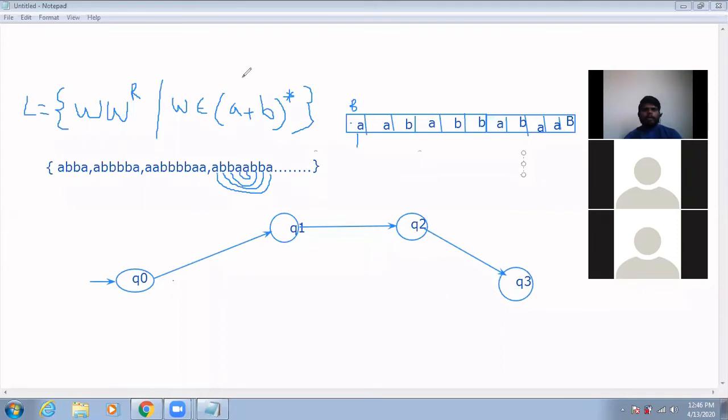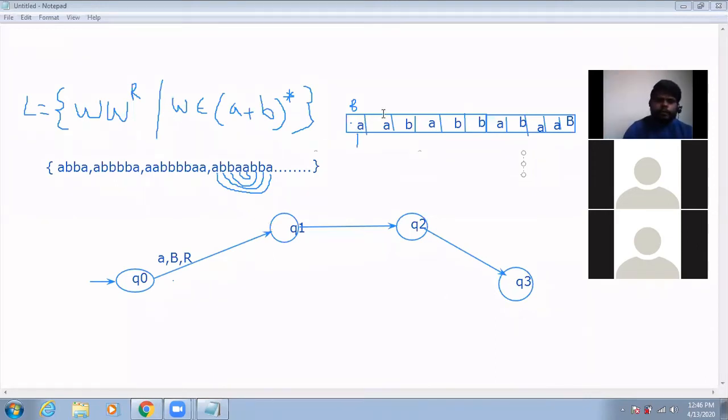Here you need to ensure A, you replace it with a blank, and the direction is right hand side. This means I have replaced this A with blank, and I am moving right.